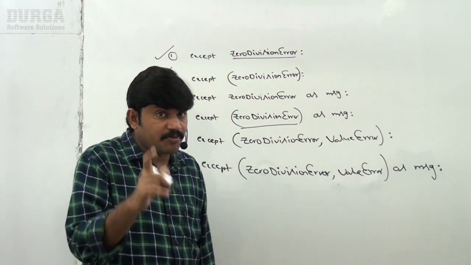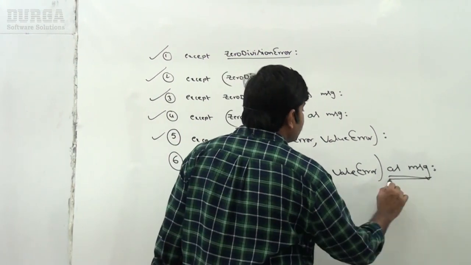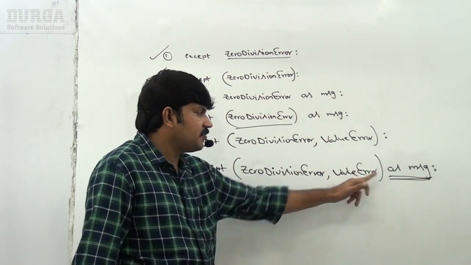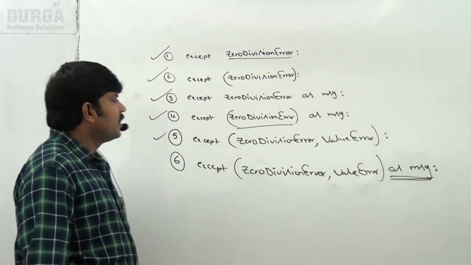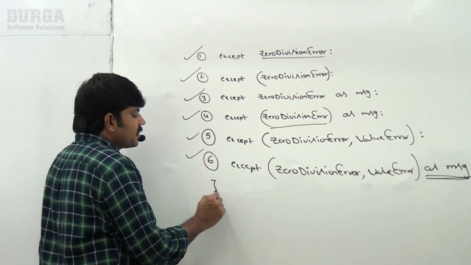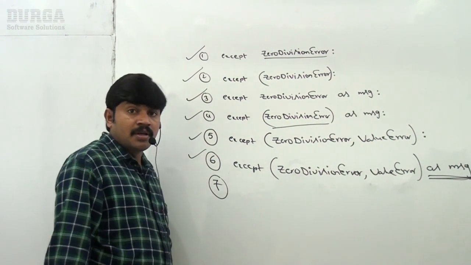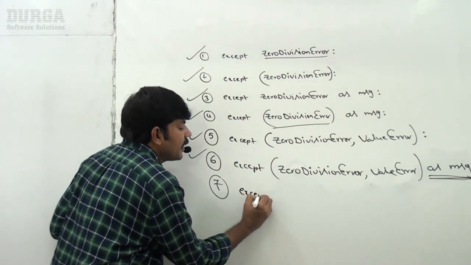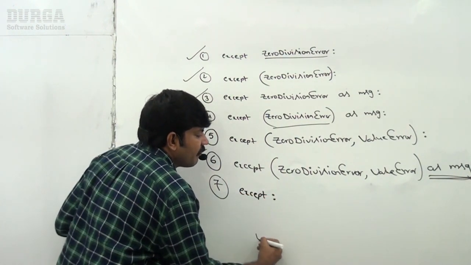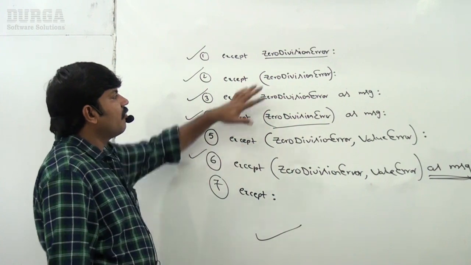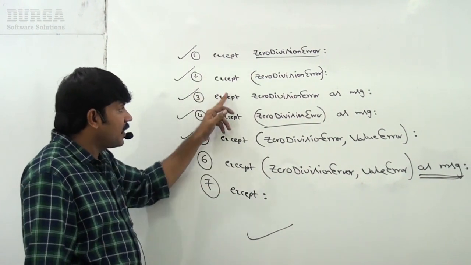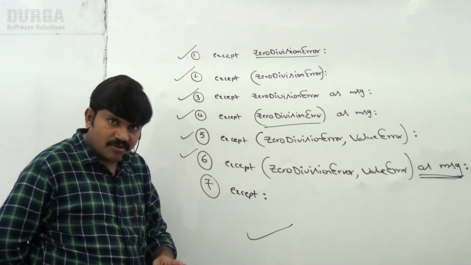But take very special care, this as message should be outside of this parenthesis. Is it clear? Next, we covered one more, the default except block. What is the syntax for the default except block? Except, like this. Perfectly, these are valid combinations of except block syntax. Is everyone in a position to understand?